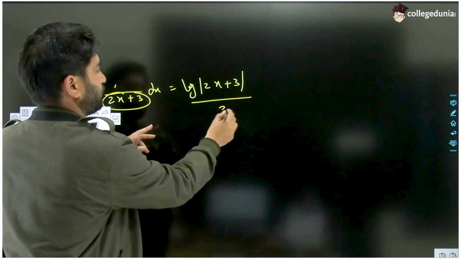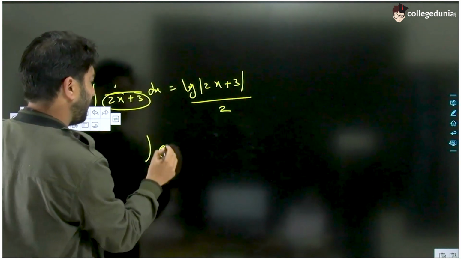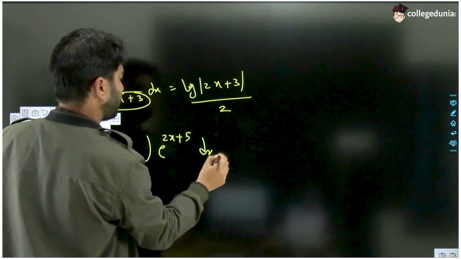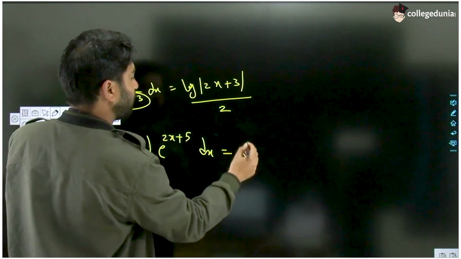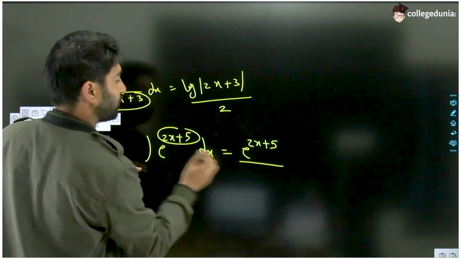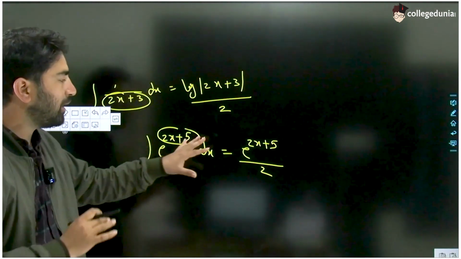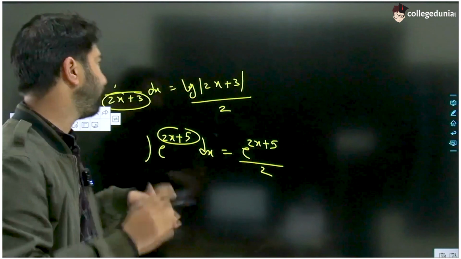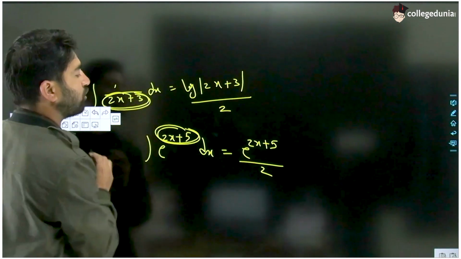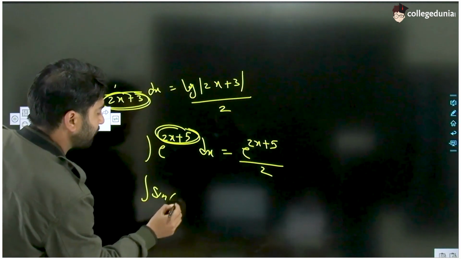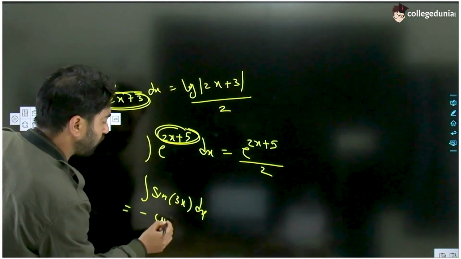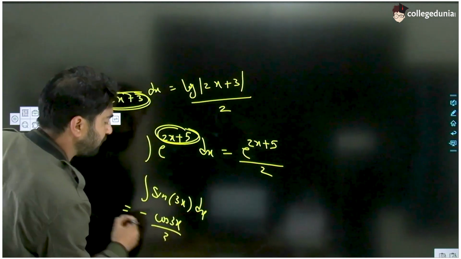2. Similarly, let's say we have e to the power 2x plus 5 and we have to integrate this. Then we used to write e to the power 2x plus 5 upon the derivative of 2x plus 5. This method was applicable if in the denominator we have a linear polynomial, in the power we have a linear polynomial, or in the angle we have a linear expression like sine 3x, then the integration will be minus cos 3x, divided by 3.